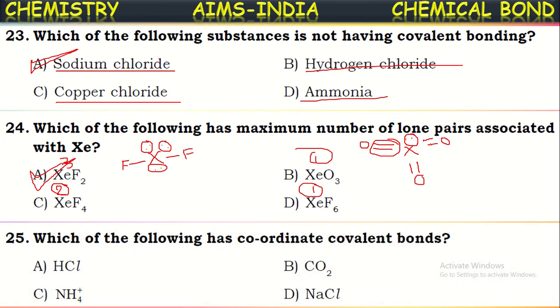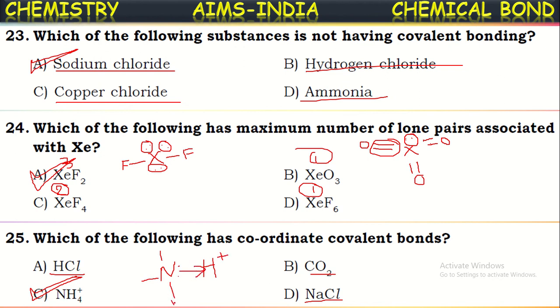Okay, next one. Which of the following has a coordinate covalent bond? So which molecules have a coordinate covalent bond? You see, HCl has only one covalent bond. Carbon dioxide has two double bonds between the carbon and oxygen atoms. Sodium chloride has ionic bonds. The ammonium ion has a coordinate covalent bond or dative bond between the ammonia molecule and the H plus ion.